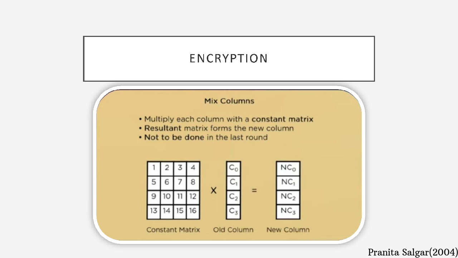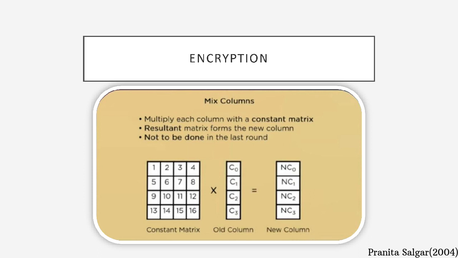So what is the state array? The state array is the output of the ShiftRows function. ShiftRows is the second transformation function in the AES encryption process. Both the matrices are multiplied and generate a new state array. The new state array is the output of AES MixColumns.